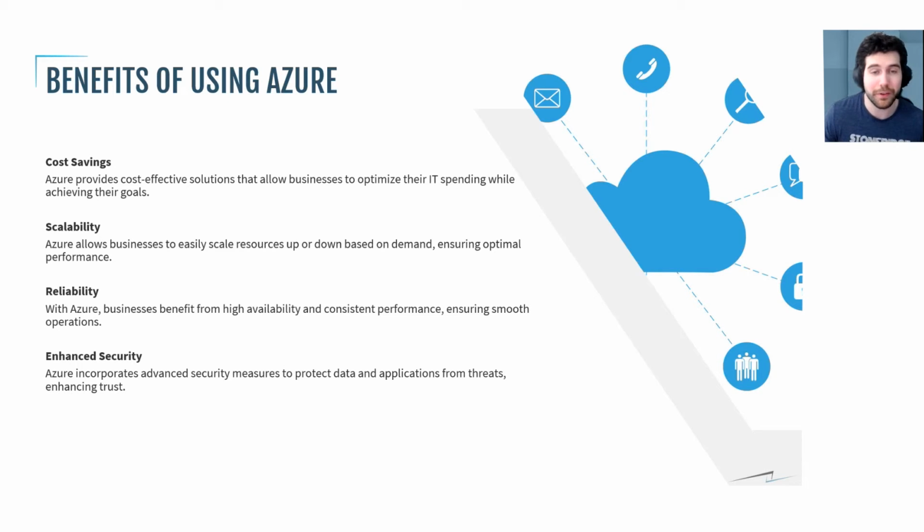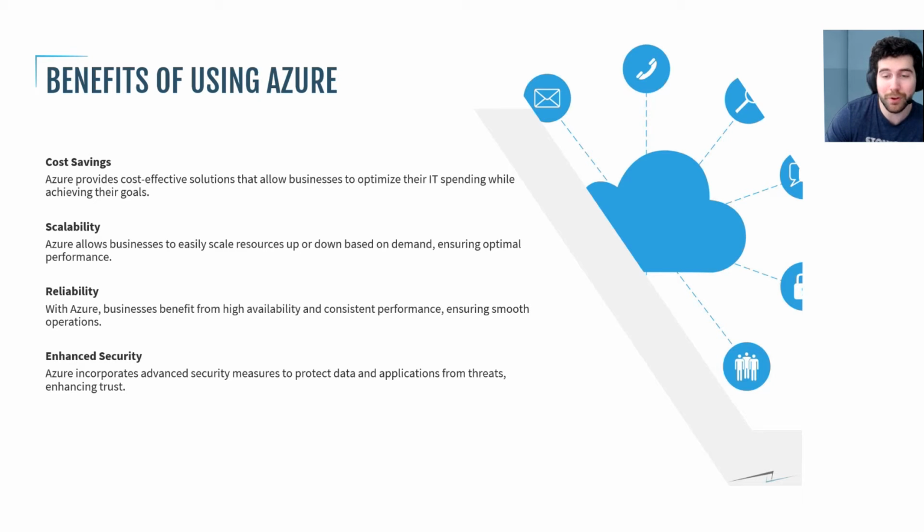A lot of Microsoft services subscribe to the 5 nines principle, where it will be available 99.999% of the time. And of course, having your data in the cloud, a big question that all of our clients have is security, and Microsoft takes that very seriously. We'll talk a little bit about it later, but there are a lot of security tools that are built into Azure to help give you that peace of mind.